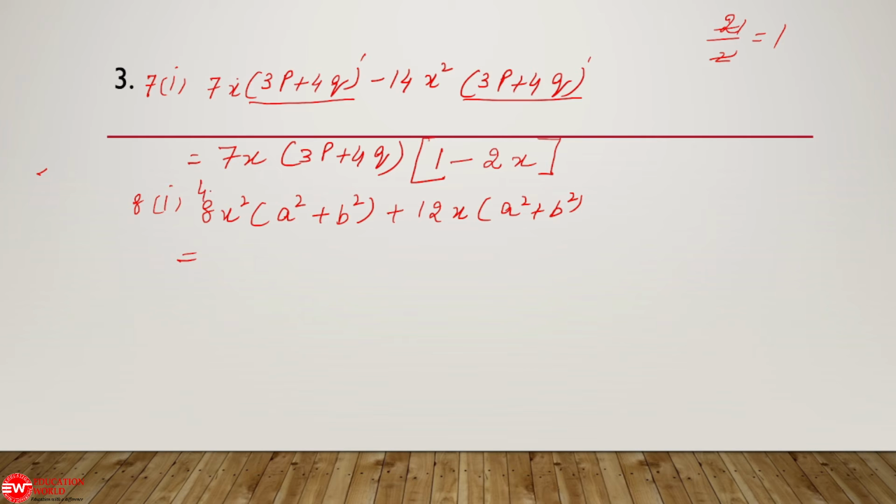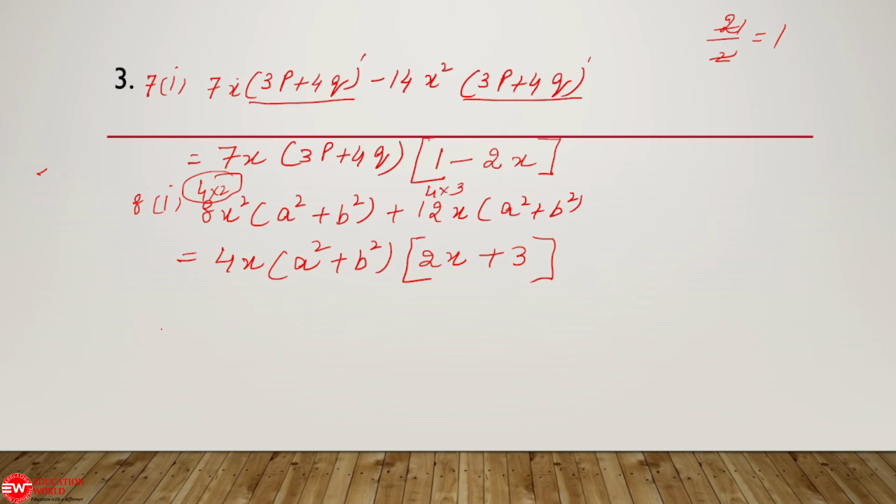So 8 is 4 twos, and 12 is 4 threes. So 4 is common. Again x power 1 will be common, the bracket is the same. So this bracket will also be common. Inside, 4 taken out, so 2 is left and 1x is left. Plus 3 and x. I hope that you understood all well.